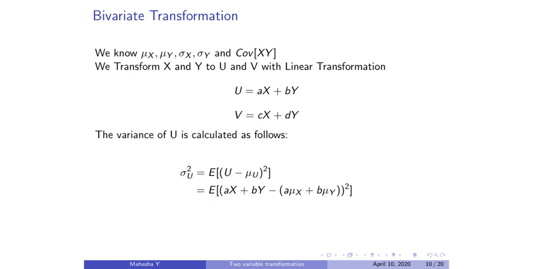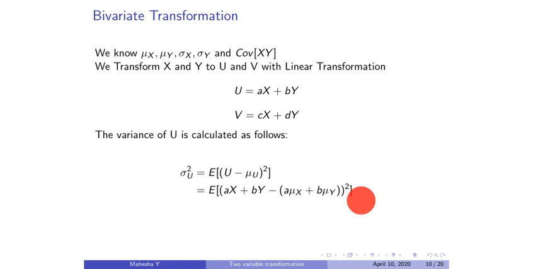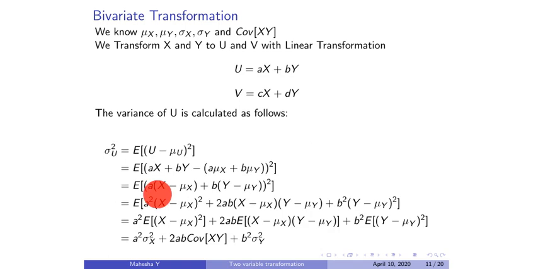Mu u we found previously, that is a mu x plus b mu y. Substitute that here, and that whole square. Now simplifying, ax plus by minus a mu x plus b mu y: a is common, so I am taking a outside, remaining is x minus mu x, and similarly the coefficient b is there for y minus mu y.